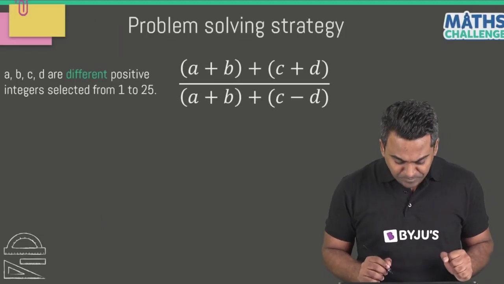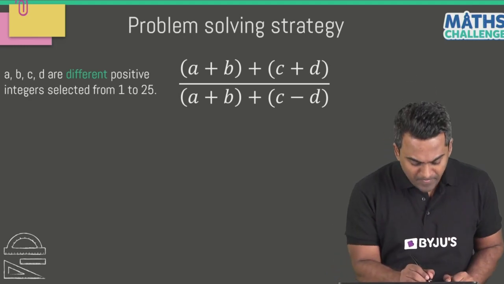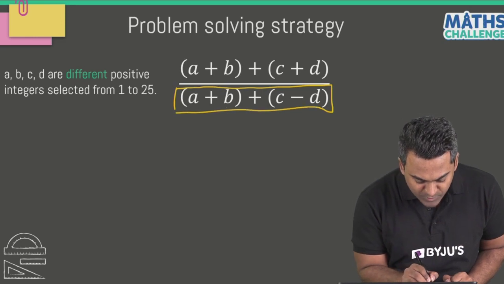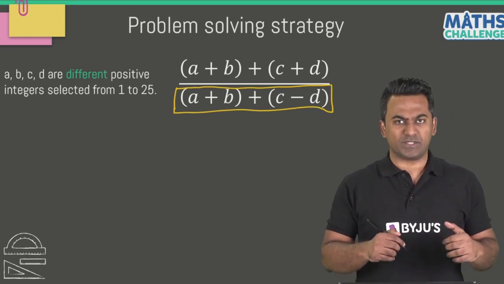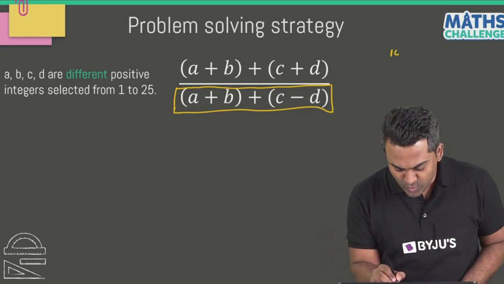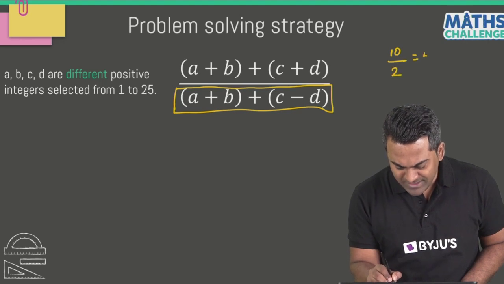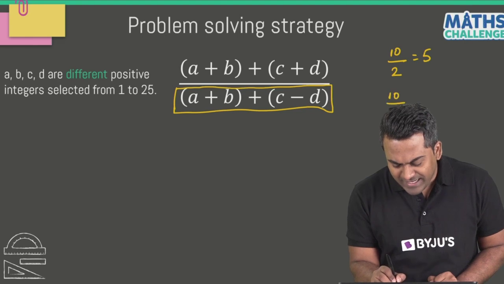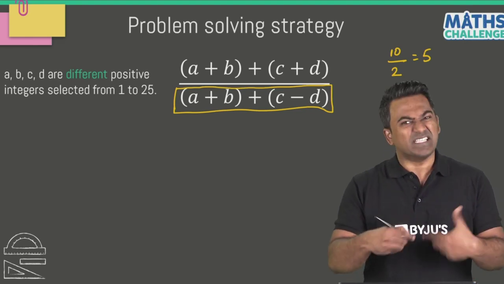Now, first thing, let's try to make this denominator as small as possible. Let's suppose you have 10 divided by 2. How much is the answer going to be? It's going to be 5, right? Now, what will happen if I divide 10 by 4? The answer will get smaller, right?